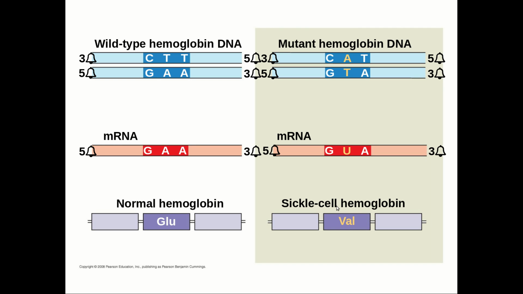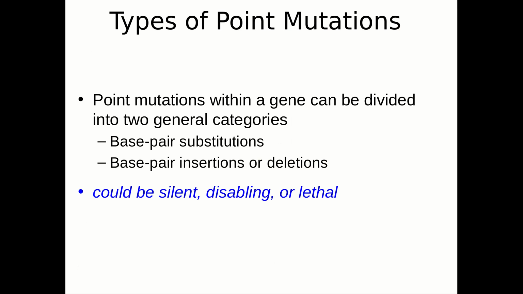The protein itself sticks to itself, and so they clump, and when you clump, it alters the shape of the cell. You alter the shape of the cell, and it can't move through the bloodstream as easily, and you get clots.